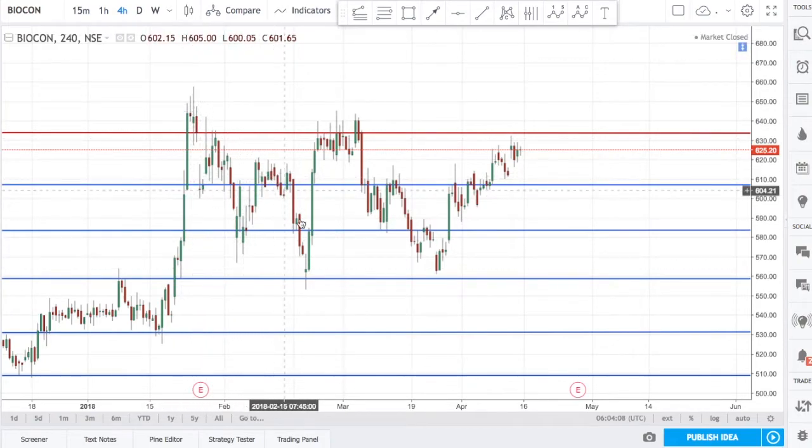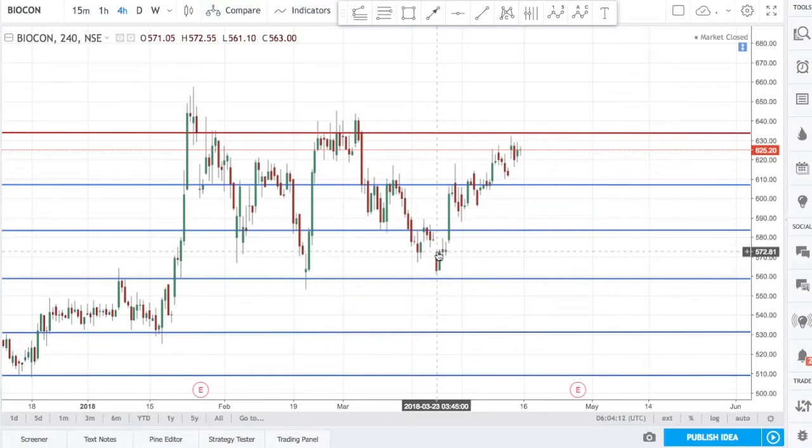What does this zigzag move mean? You can close your eyes and tell it's in a consolidation, right? Yes. Now this is where we search for advanced patterns to trade.